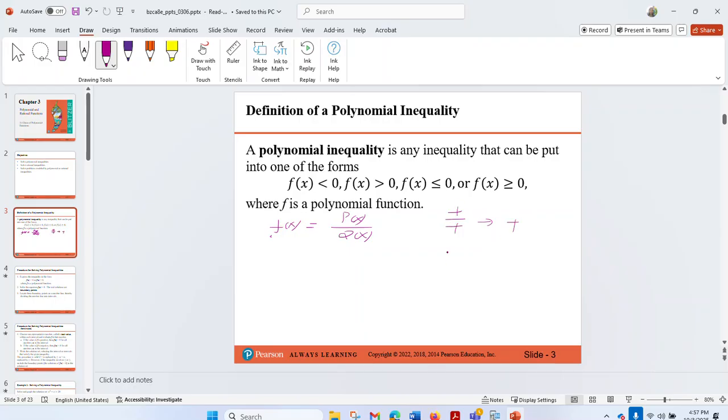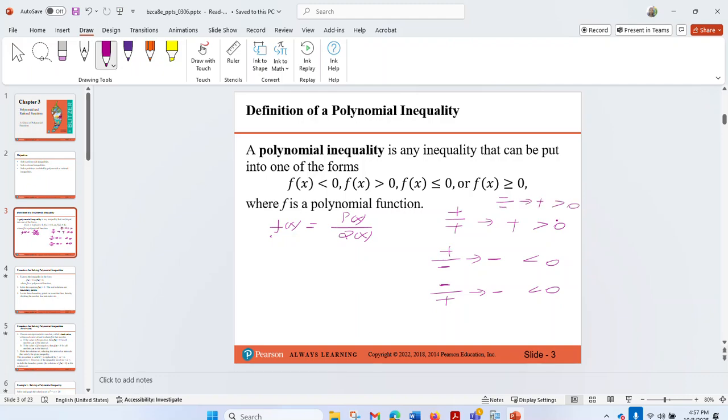But if I have a positive divided by negative, that is negative, less than 0. Or if I have a negative divided by positive, that is still negative, less than 0. If I have a negative over negative, that will become positive, so that's greater than 0.